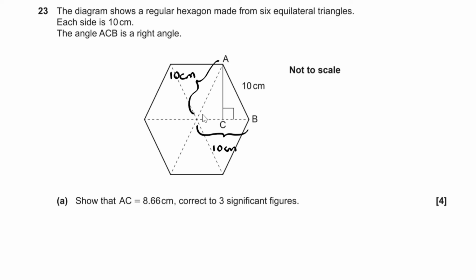And if we have an equilateral triangle, this angle here is 60, and therefore this angle is 30, and therefore this angle is also 30, and this angle here is 60, and notice 30 plus 30 gives 60. So now we have enough information to work out what AC is.